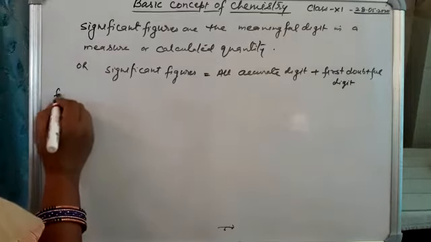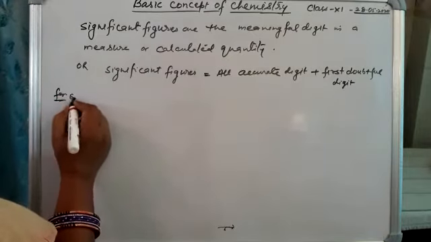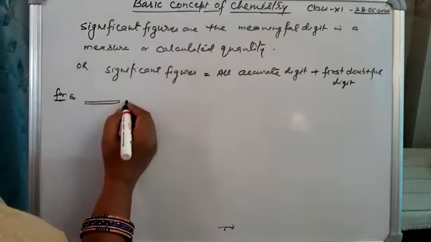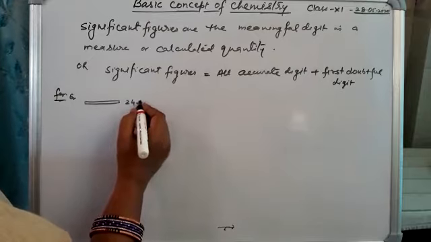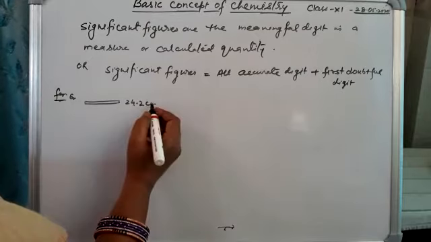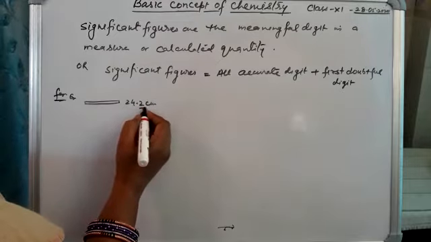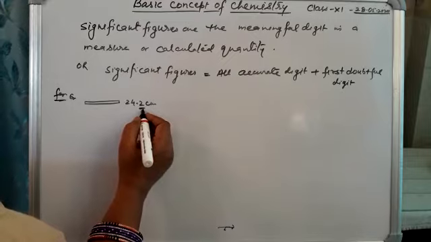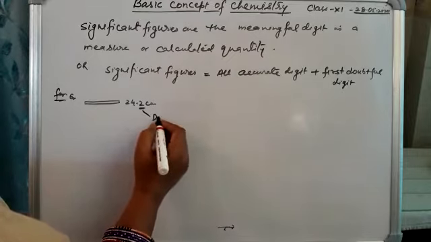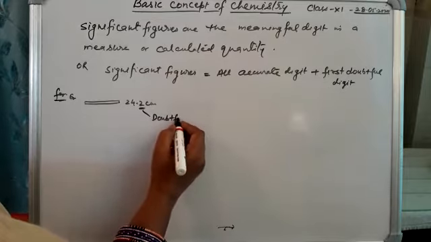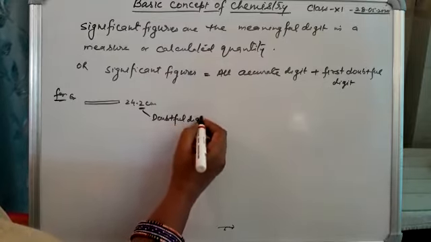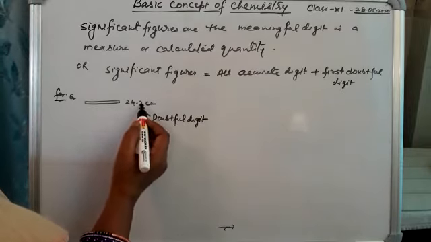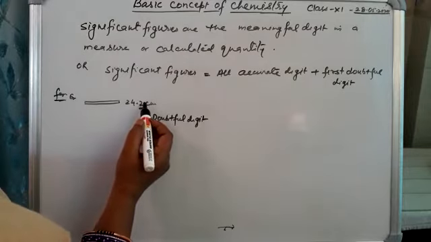For example, we have discussed already: if we measure the length of a rod and it comes to 24.2 cm, this last value is known as the doubtful digit, because every time we measure it comes 24.21, 24.23.